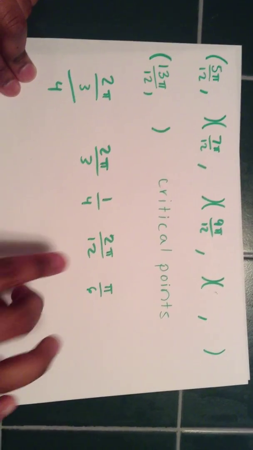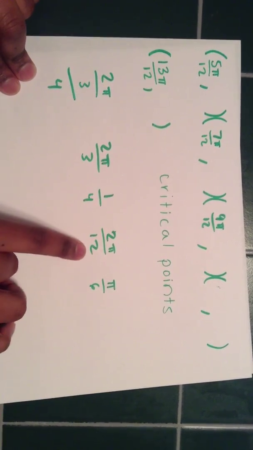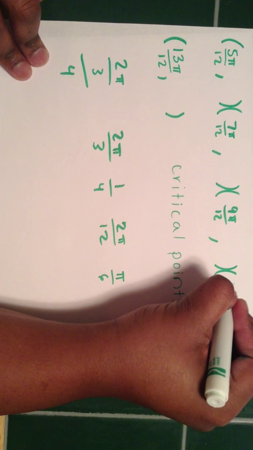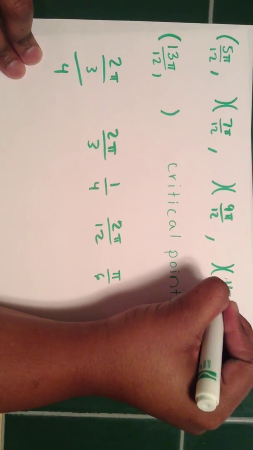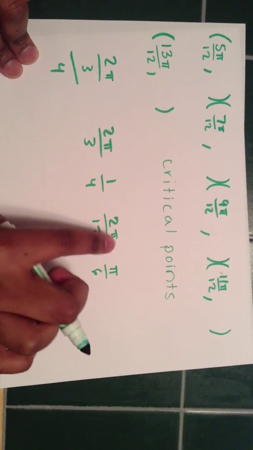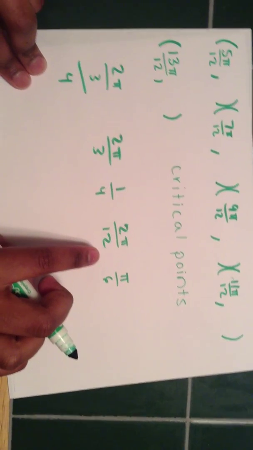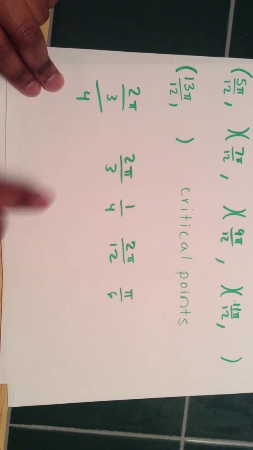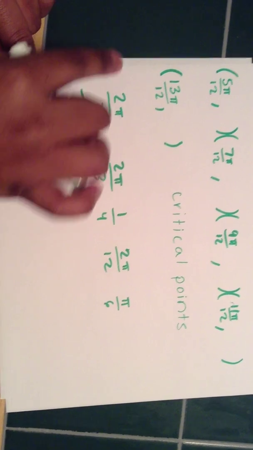Okay? Still the common denominator. 2 pi over 12 plus 9 pi over 12 equals 11 pi over 12. Common denominator again. 2 pi over 12 plus 11 pi over 12 comes out to be 13 pi over 12. Now you see how they all meet up together, okay?